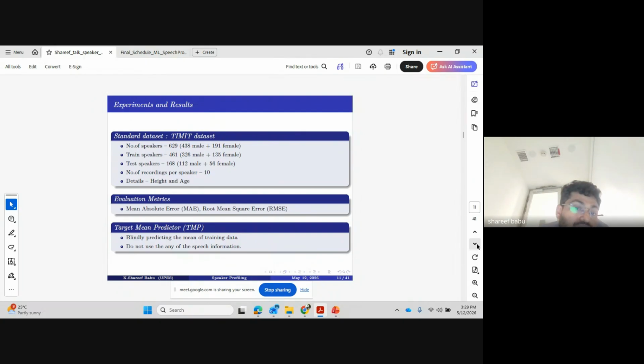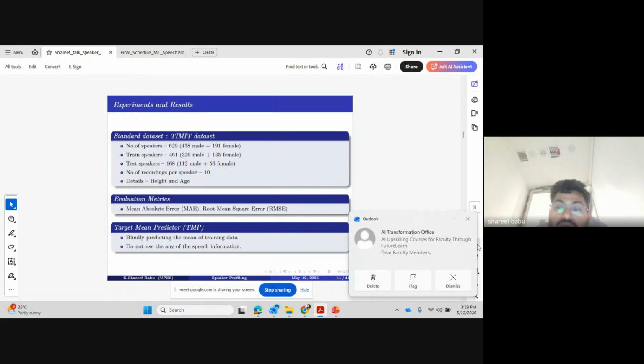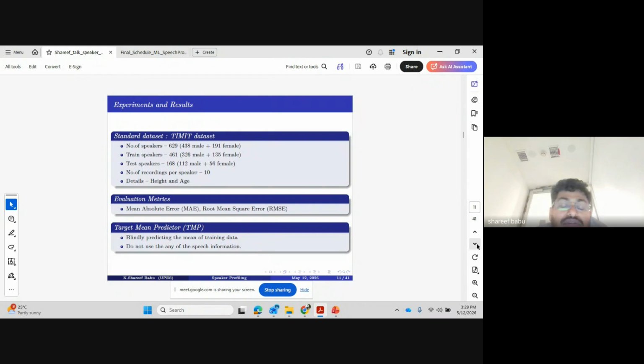Each speaker contributed 10 utterances, of which two utterances are the same. This data set has height and age details. Of course it has text details too, but in our context we are not looking at the text, only the audio plus height and age details.